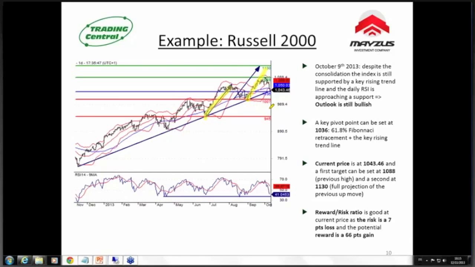So in that case, to enter right now at 1043 on October 9th, 2013, is interesting regarding money management and technical analysis. So we can enter a long position at 1043.